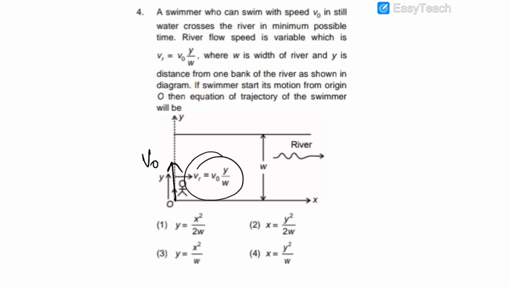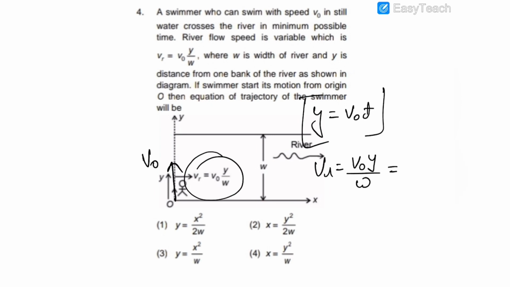The river velocity is v0 y by w. Let us see that the y coordinate of this swimmer will be due to this velocity v0, and y would be equal to v0 into time t. Now its x coordinate would be due to the river current, and therefore the river velocity is equal to vr, v0 y by w.